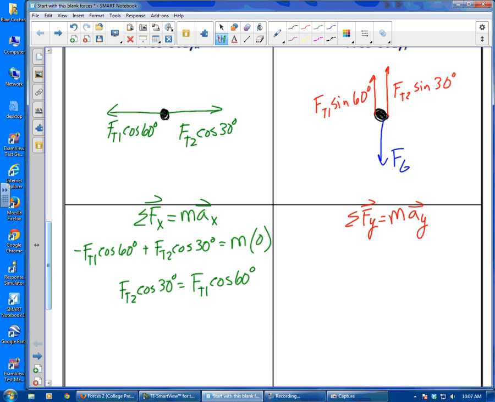And so we're taking up as positive, ft1 sine of 60 degrees plus ft2 sine of 30 degrees minus f sub g equals m times 0 again.